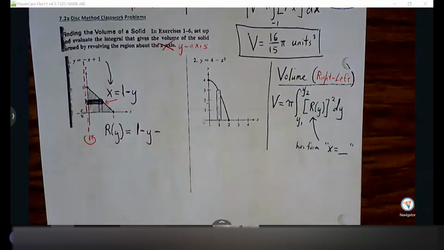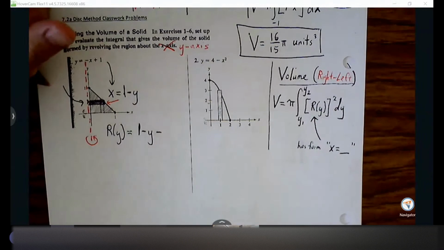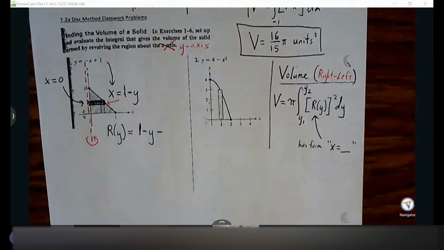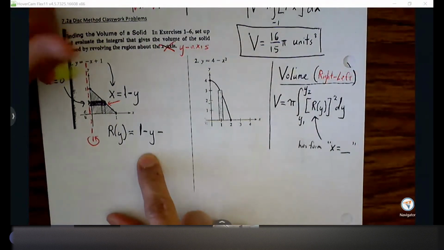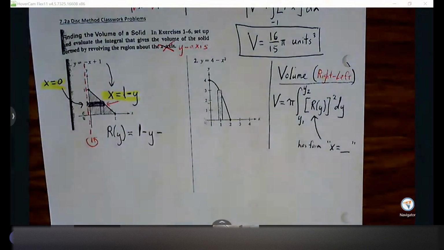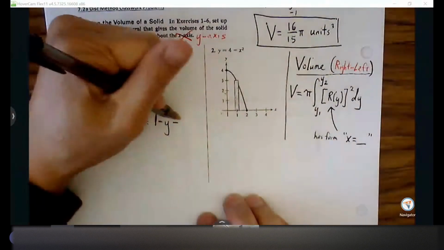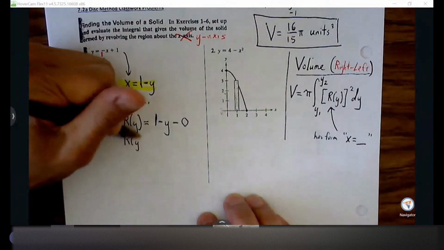We have all the correct proper form necessary for either the right or the left. x equals 0. This is what we need. If it's not in this form, it's not ready for our radius expression. Okay, 1 minus y minus 0. That's just going to clean up to be just 1 minus y.